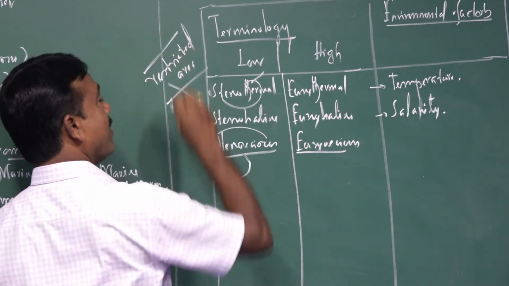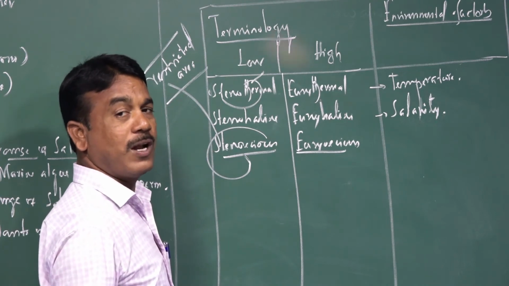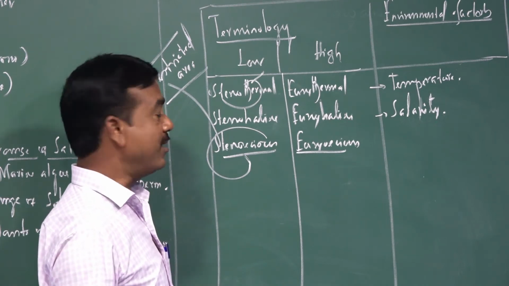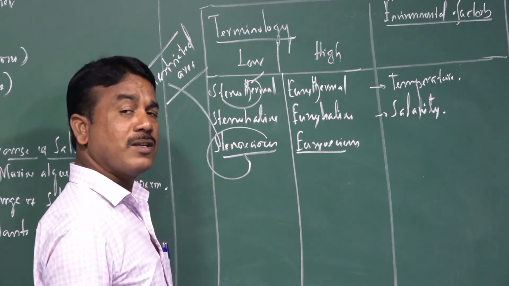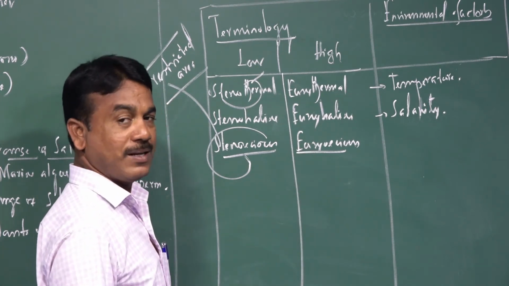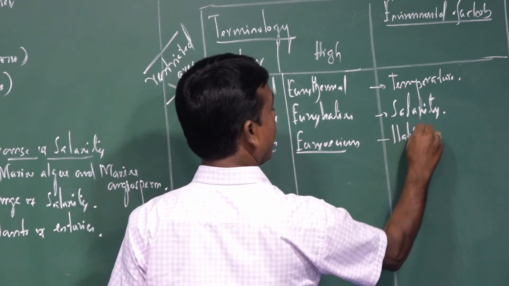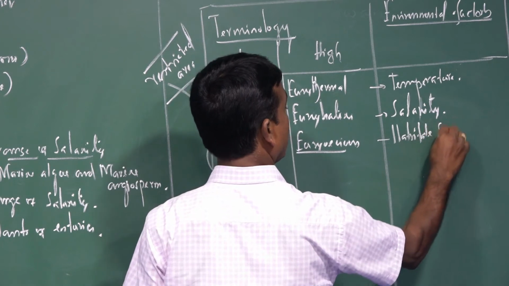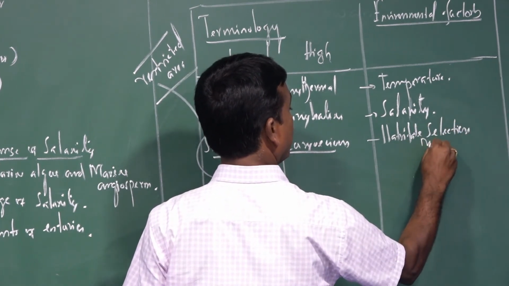What is a restricted area? They can be present only in a special place, like a botanical garden or park. Euryecious means the plants are located in any habitat. That is commonly called habitat selection, also called niche.